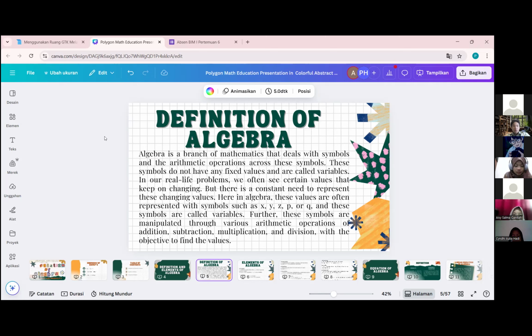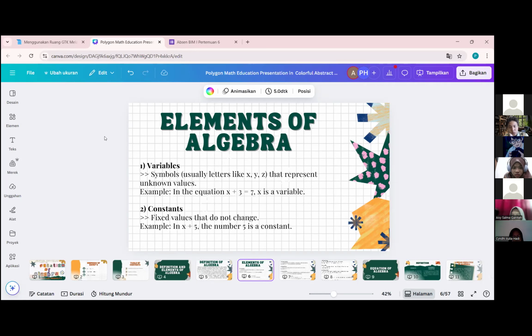Kemudian ini ada variabel, konstan. Satu lagi apa yang kurang? Next slide deh. Di kalimat paling atas, variables kan.